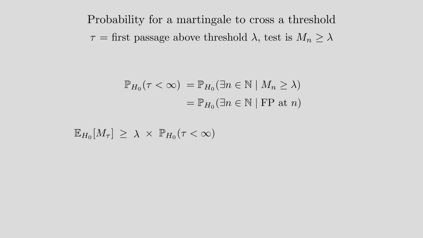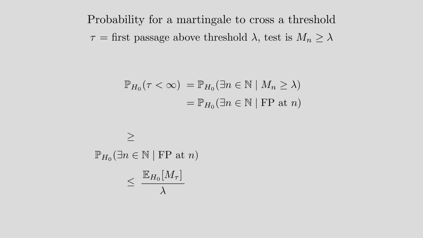As we said before, the probability that tau is finite is exactly the probability that there is a false positive, so we can replace this in the inequality. This probability is therefore less than the expectation of the evidence over lambda. But remember, the evidence is a martingale over the null hypothesis, meaning it always stays around 1.